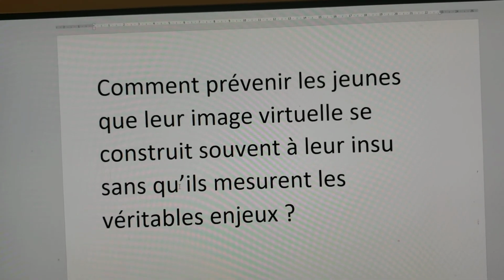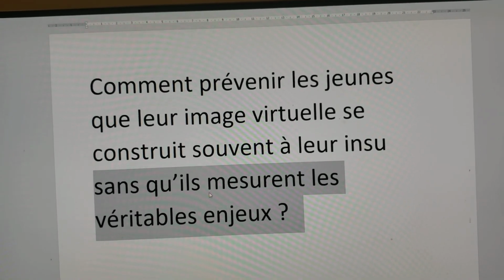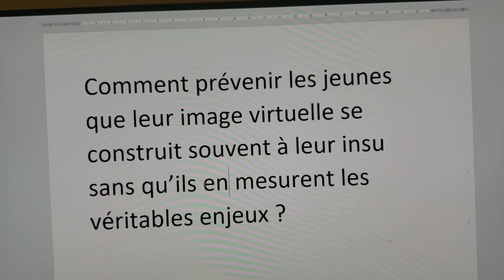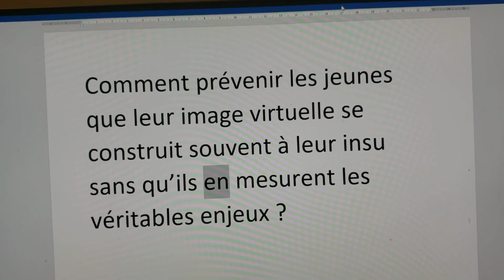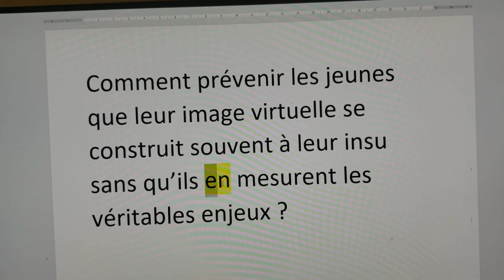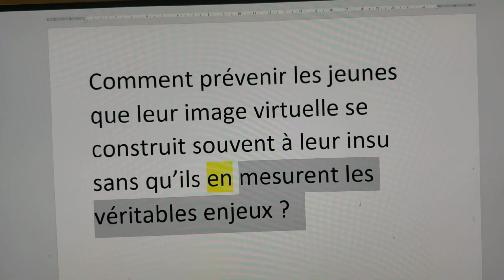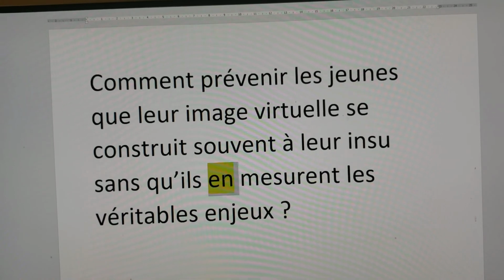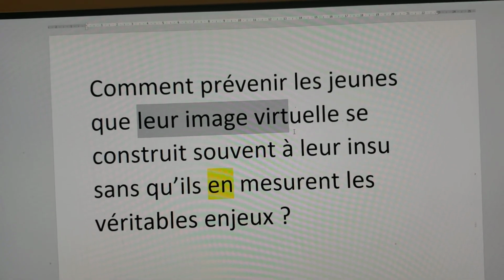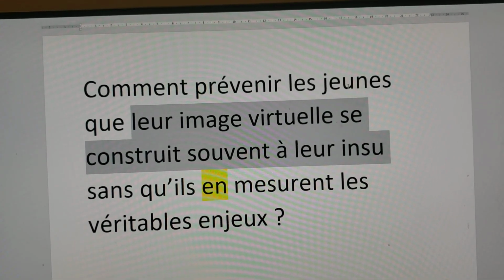Now when you say without them gauging the real stakes of what? So when we use the word en here, the one that we deleted some time back, pretending that it never existed, so I'm just putting it back. So when we use en here and then we say mesurent les véritables enjeux, this relates to the virtual image that was created often without the knowledge of the youth.